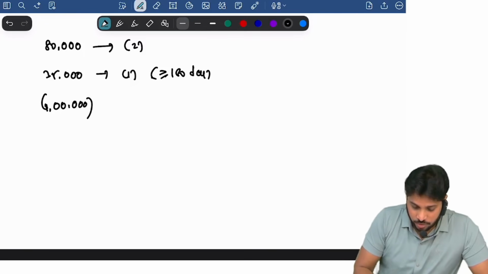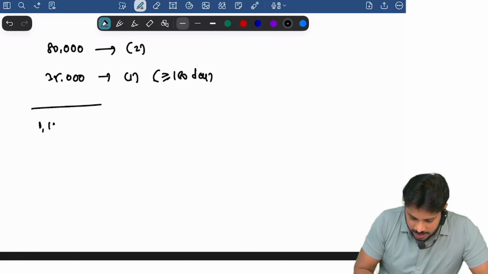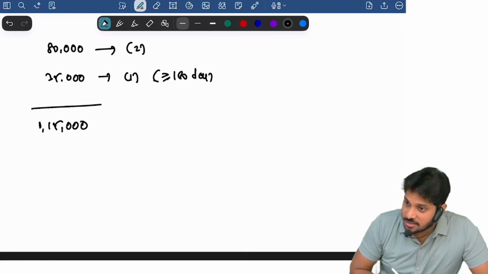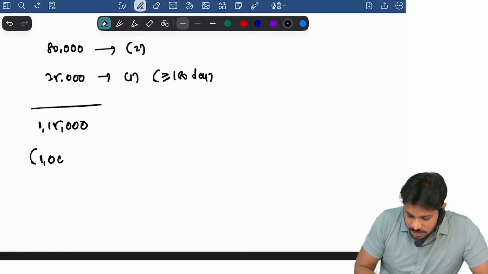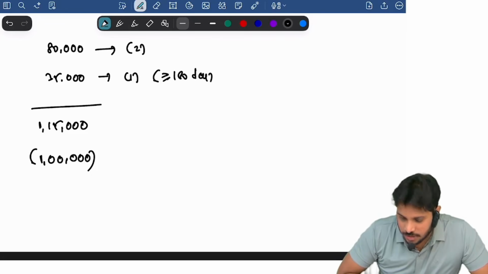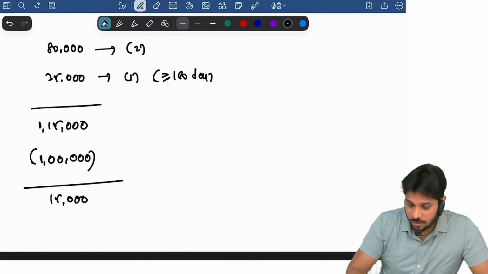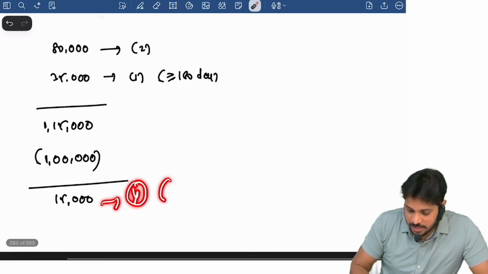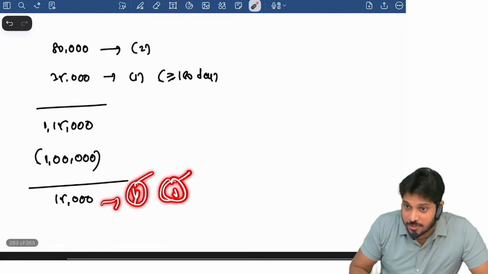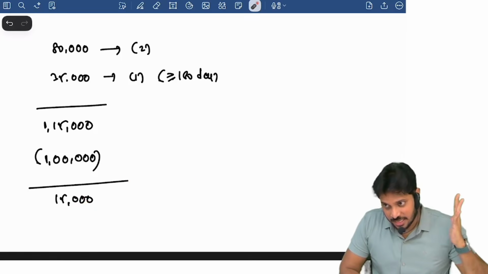So first of all, tell me opening plus purchases, gross block value how much? 1,15,000. Am I right? Minus amount received on part of a block, because furniture X is sold. 1 lakh. Therefore, WDV value 15,000. The value is positive, therefore we can calculate depreciation.